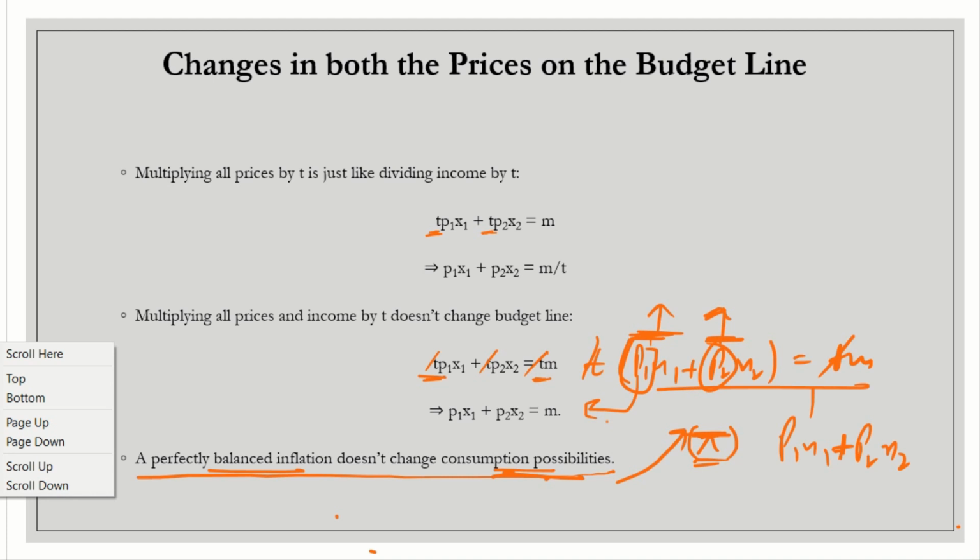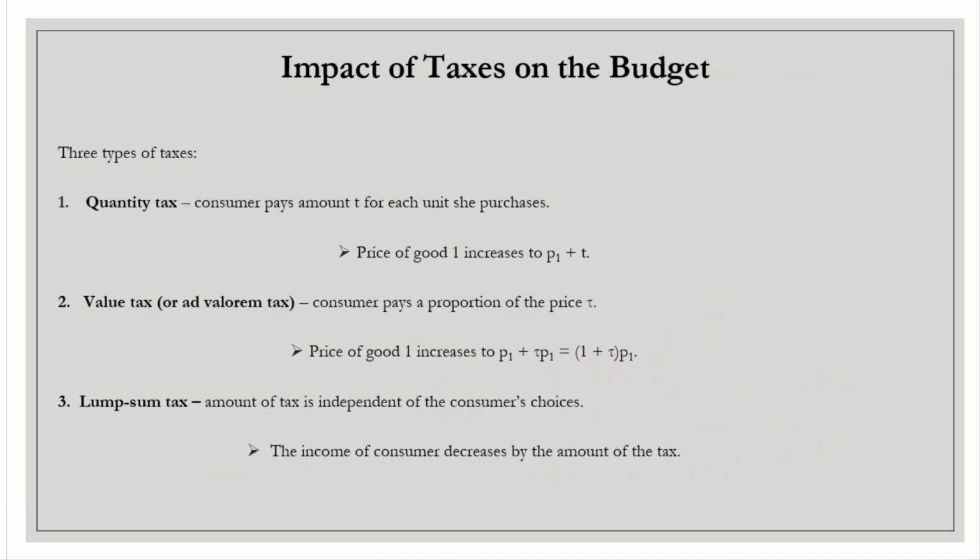Now let us shift further to understand the impact of taxes on the budget. When we talk about taxes, we generally classify them under three heads when we study them. Number one is quantity tax. It is based on the quantity being consumed. In our equation we had p1 x1 plus p2 x2, where x1 and x2 are the two goods, and this implies the quantity being consumed.